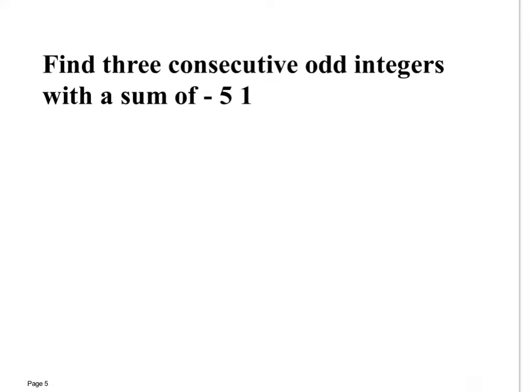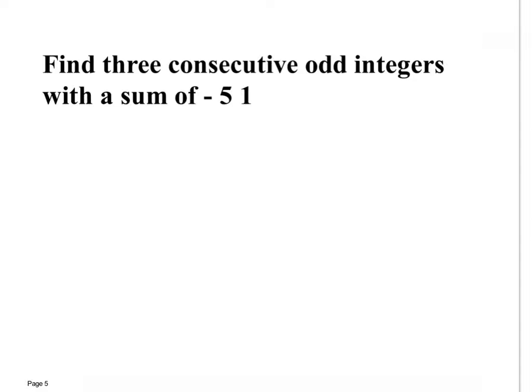So we're going to see a problem like this. It's going to say find 3 consecutive odd integers with a sum of negative 51. So write this down, and then we're going to find those 3 numbers. I said the 3 consecutive odd integers, when you add them up, it says the sum.